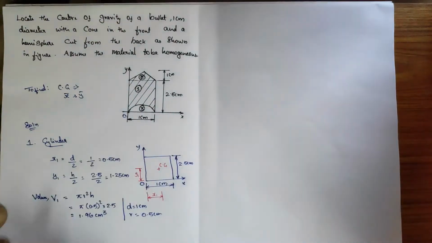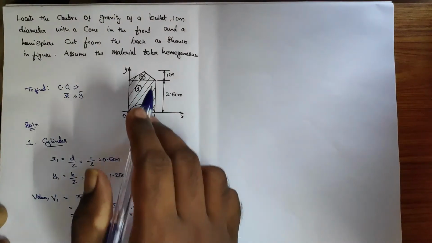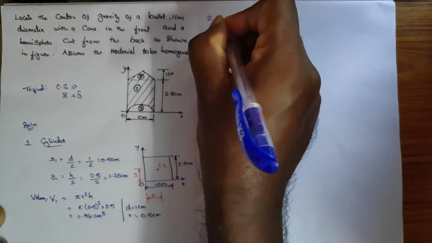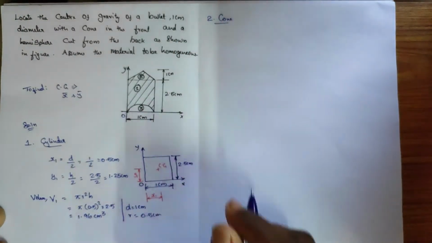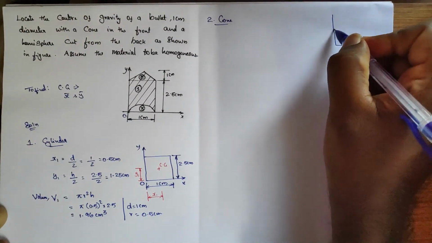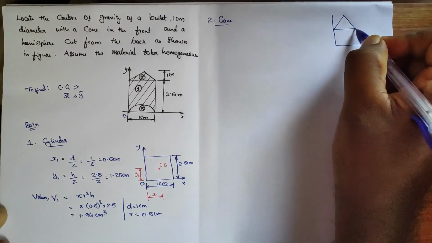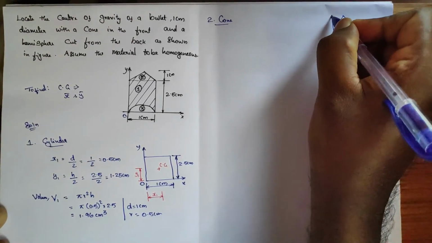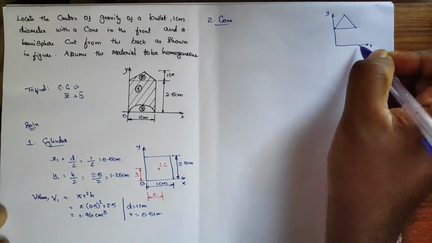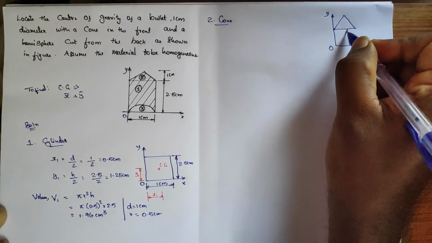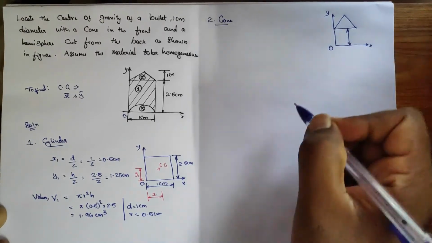Then move to the next component, the second one at the top, which is a cone. So the second component is a cone. Just place it; the cone is like this. It is a cone with x and y axes, and how far it is from the OX is important while doing the calculation.